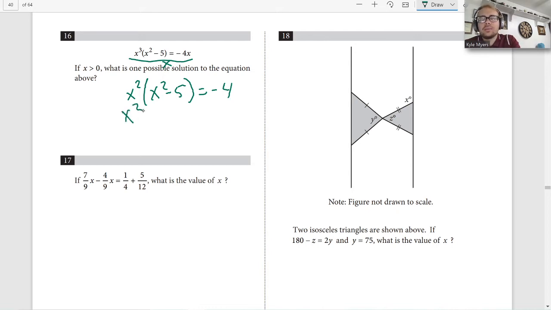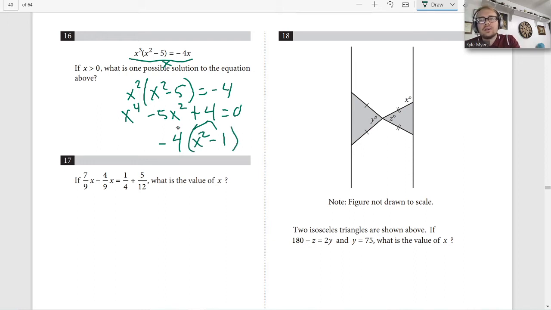So then if I multiply this out, actually, I won't do it. Okay, so x to the fourth minus 5x squared, and then if I add 4 to both sides, then I would get this. And then I can factor this. This factors: 4 times 1 is 4, negative 4 plus negative 1 is negative 5.